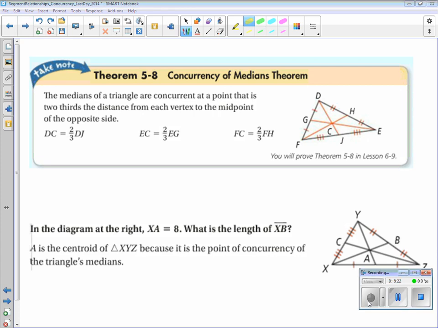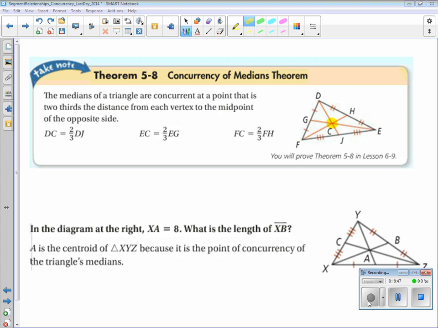But really, from this picture, by the way, what is point C? It's the intersection, the point of concurrency of the medians, which is going to be the centroid. Okay? So we know that C is a centroid. If you want to write that down again, you can. Saying those names over and over helps you.